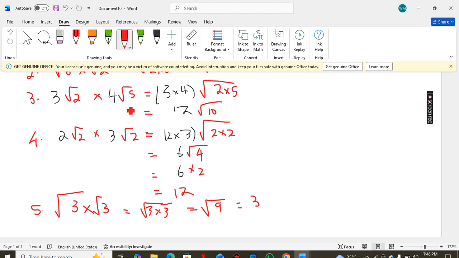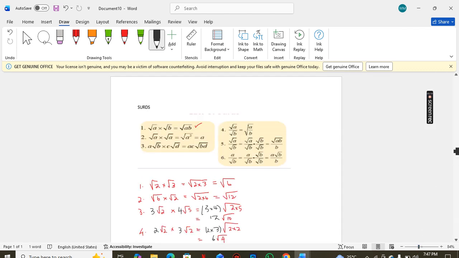Why I gave this example is, if you see the same surds multiplying with each other, square root of 3 times square root of 3, just know your answer is just going to be 3. Okay. If you see square root of 2 multiplied by square root of 2, your answer is going to be 2. Any questions before we move to the next rule?